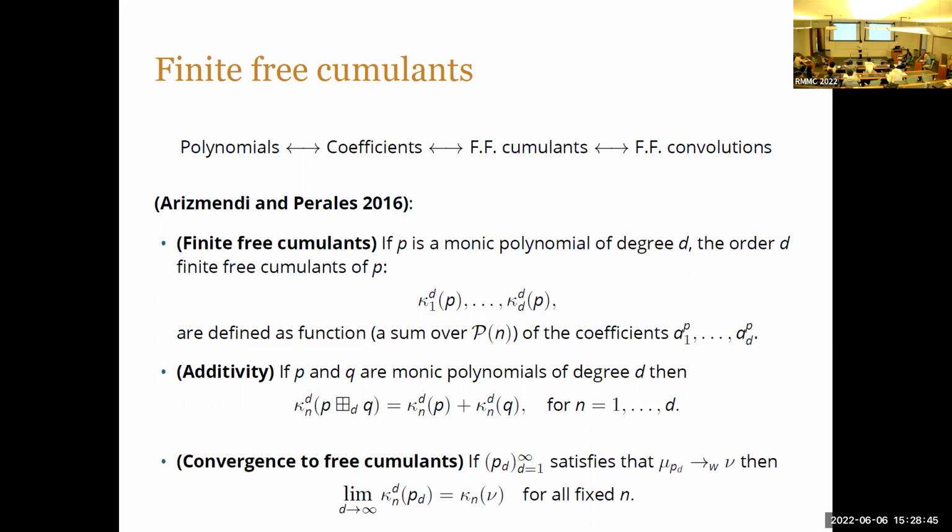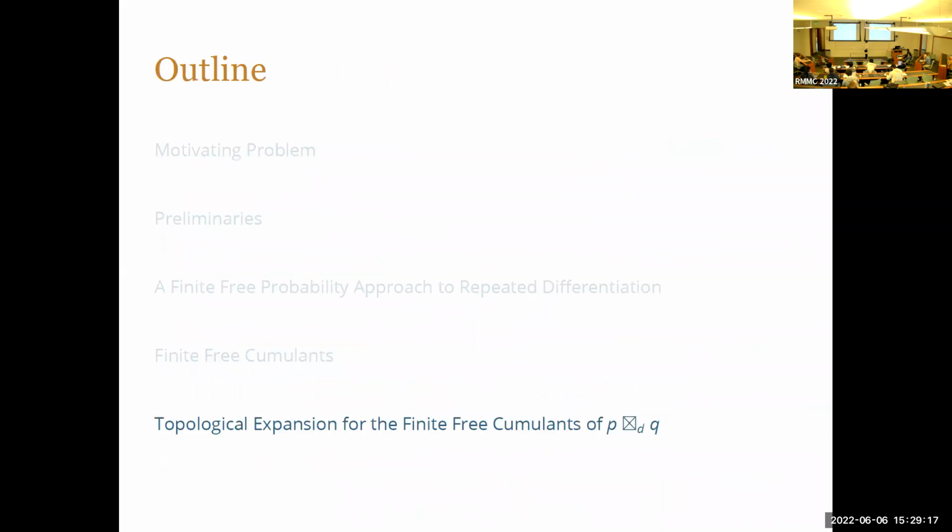So if you fix some n, and then again, you have some sequence of polynomials p_d whose root distributions converge to some limiting measure nu, then the n-th cumulant of the polynomial p_d will converge as d goes to infinity to the n-th cumulant of the limiting measure. Okay, so this poses the question if one can study the multiplicative convolution using these cumulants, and we also saw that the multiplicative convolution is of independent interest in the process.